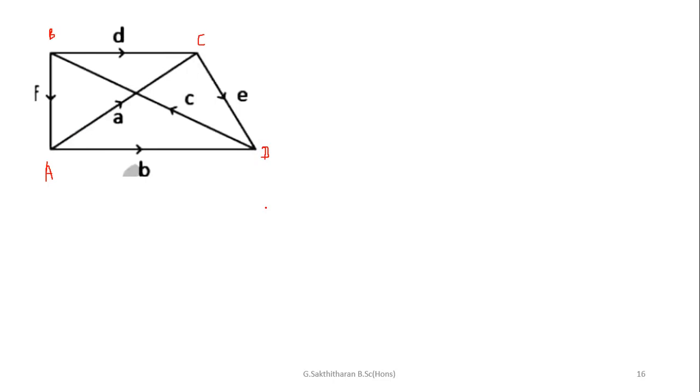Okay, in this figure, first we check for any zero resultant. First we check the directions of the vectors. See this: B to A, A to C, C to D, and D to B. So these four vectors give a zero resultant because the initial point and the final point are the same.